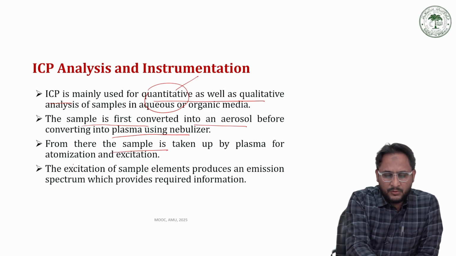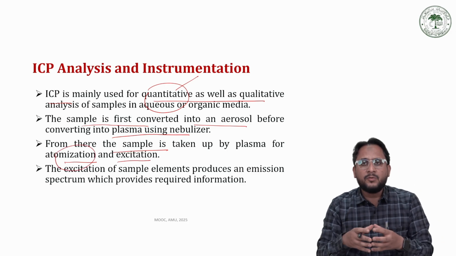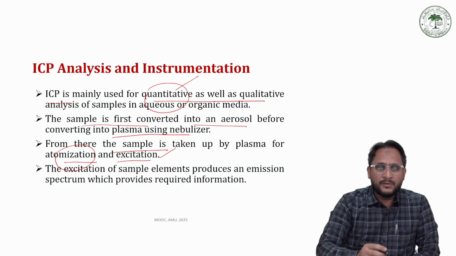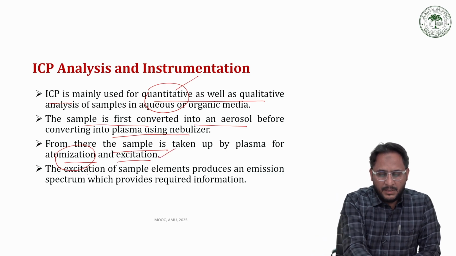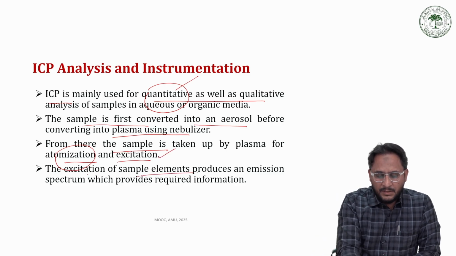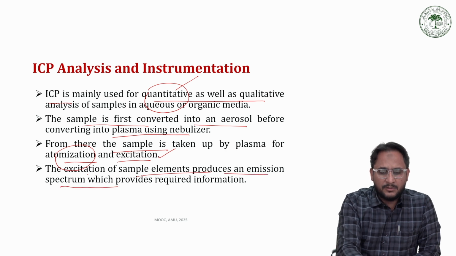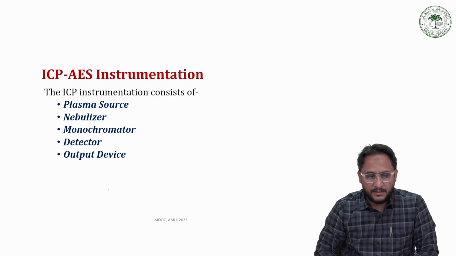The excitation source causes atomization as well as excitation. Atomization means the sample molecules are converted into individual atoms, and then they are transferred into an excited state, and then sample elements create an emission spectrum when their electrons return to the ground state.